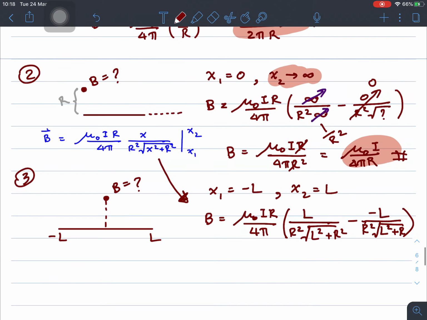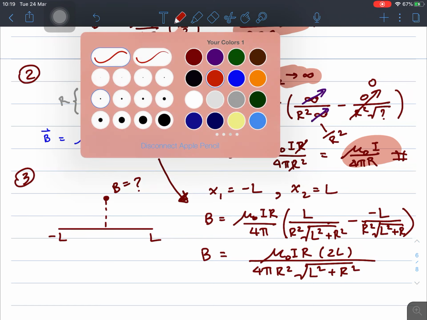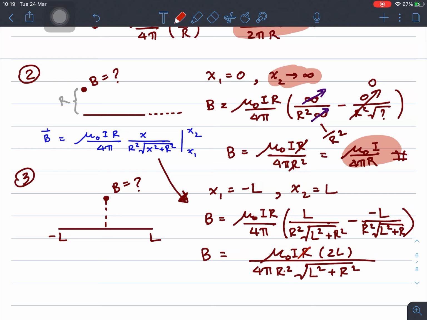So this would give you B of mu 0 I r times 2L, and on the denominator you have 4 pi r squared times the square root of L squared plus r squared. I will cancel some of the terms. I can cancel one of the r, and I can cancel 2, so you have 2 down here.